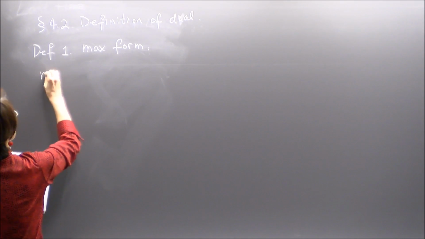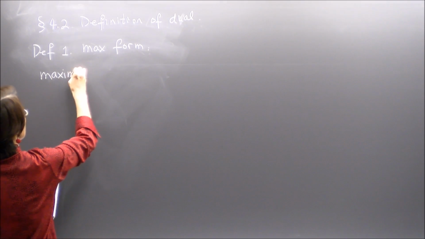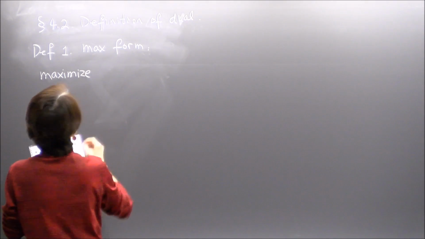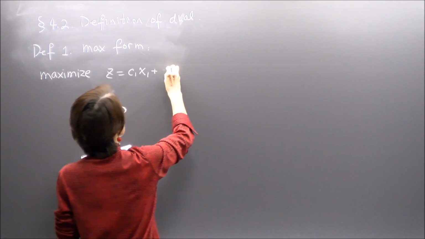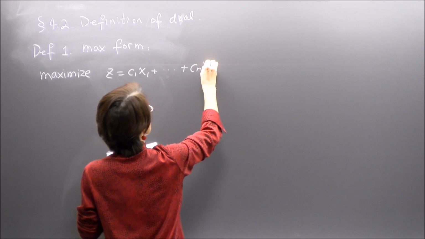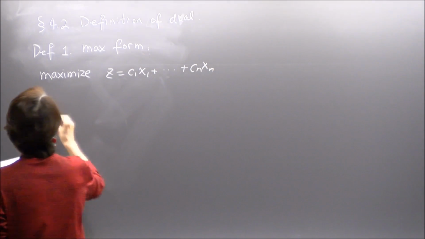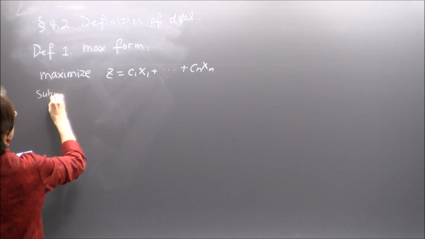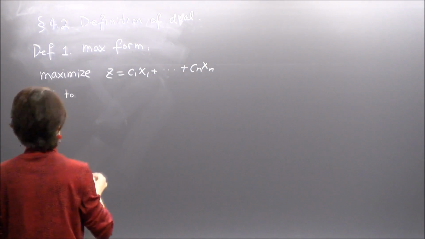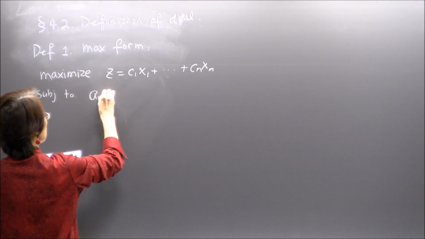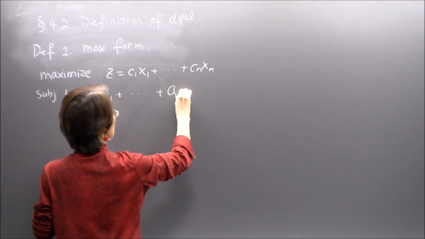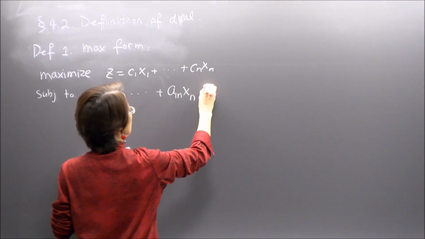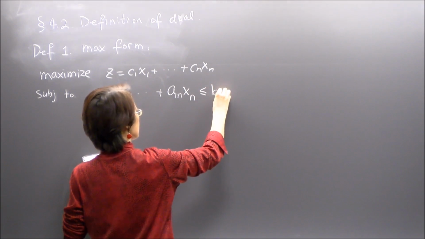Okay, so I'm going to write it. So this is a max form problem, so I will be doing maximize z equals c1 x1 plus up to cn xn. That's my objective. Subject to, okay, then I have a11 x1 all the way to a1n xn less than or equal to b1.